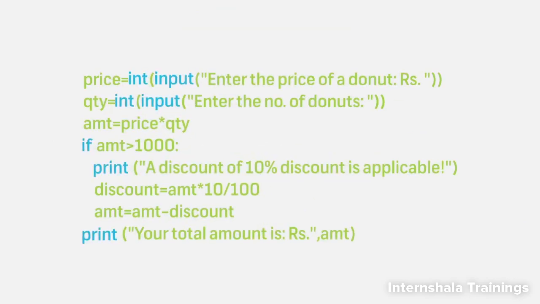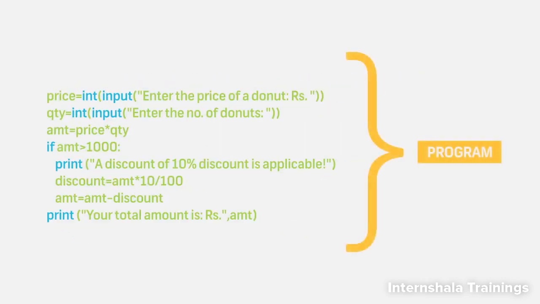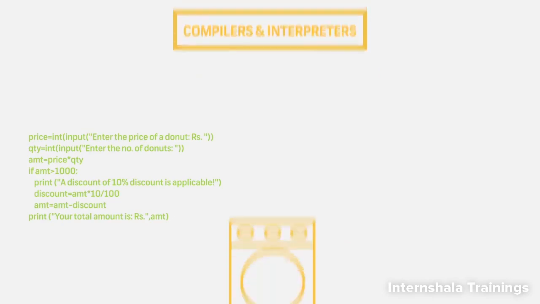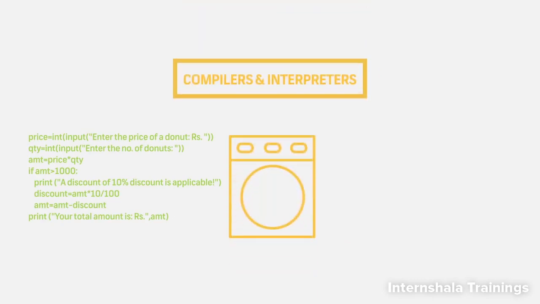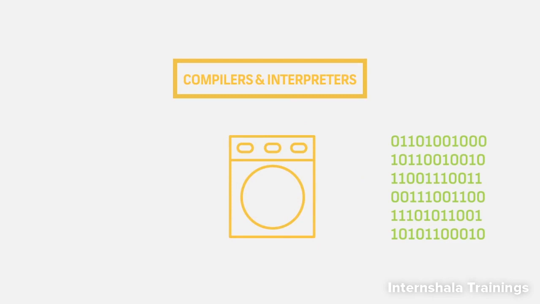Higher level programming languages like Python provide a predefined set of keywords using which the program is coded. In the Python context, this code is what we call a program. A compiler or interpreter software translates the code, also known as source code, into processor readable format so that it can be executed to perform the desired task.